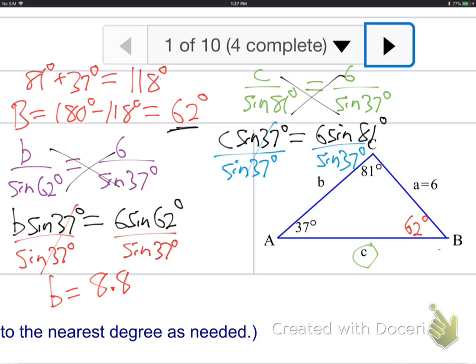There we go. And C equals, and then what is that? 6 sine 81 divided by sine 37. That's 9.8, and we're done. We got all the sides, all the angles. Is that making sense on law of sines? Questions? I'll move on to another one if you're good with that.